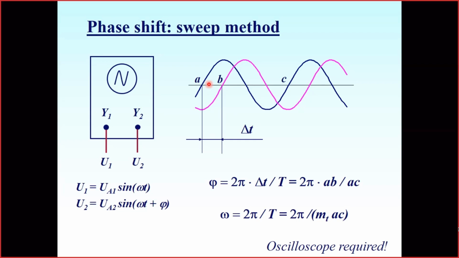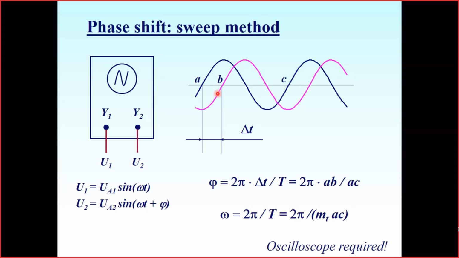But here we should be confident that the zeros of the signals are not shifted. Imagine that if the violet line is shifted up a little bit, this point will move left a little bit.